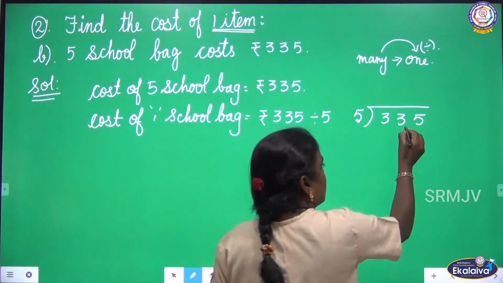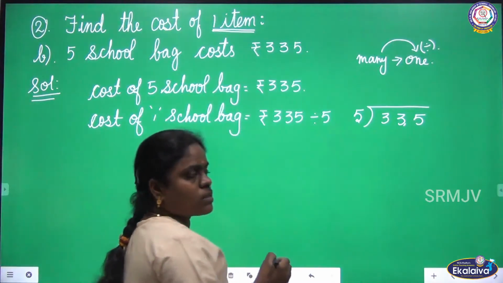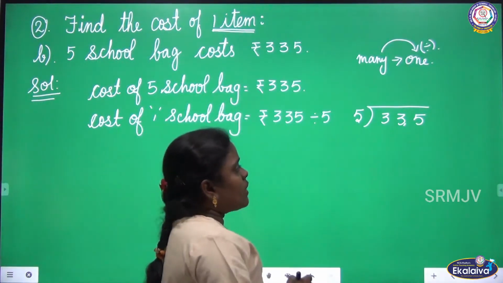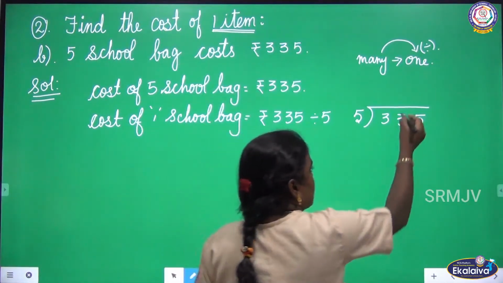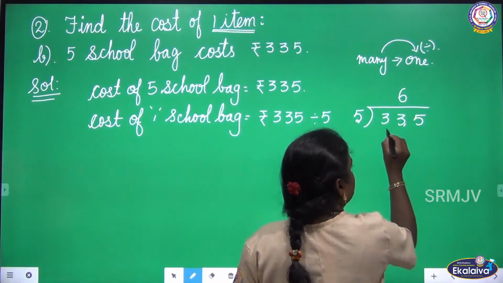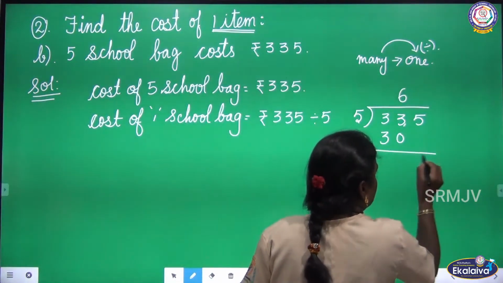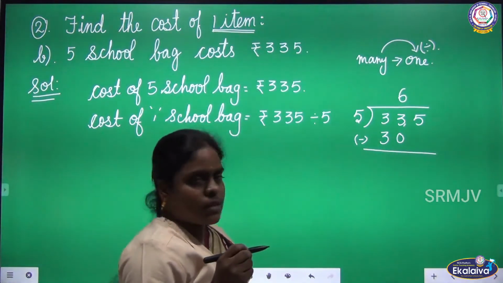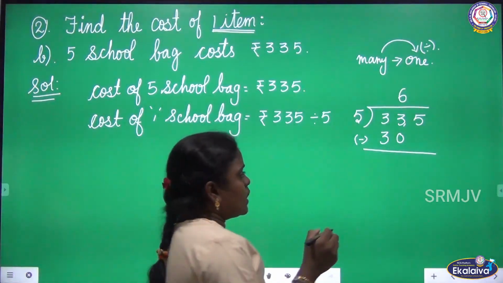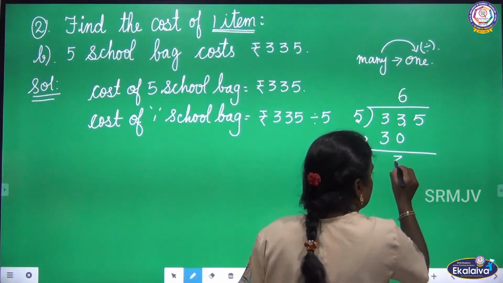So I am going to take 2 digits, that is 33. In the 5 times table, I can get 6th time 30. 5 6s are 30. So if you subtract 33 and 30, you get 3.